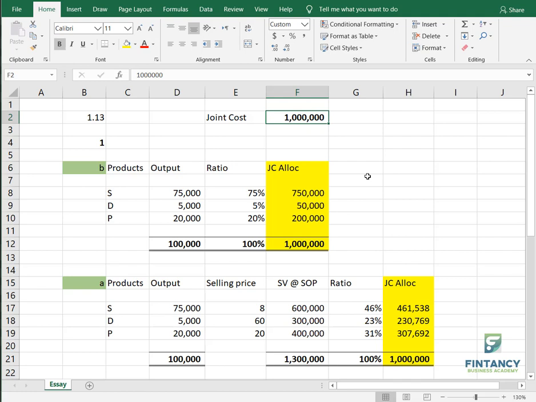If you remember in part 2, those who are taking part 2 classes, we discussed something called relevant cost. What is relevant cost? Future cost, right, when I'm taking a decision. So this 1 million, I can call it a sunk cost. Sunk cost means past cost, already incurred cost, right? So in making this decision, this cost will not help me much.